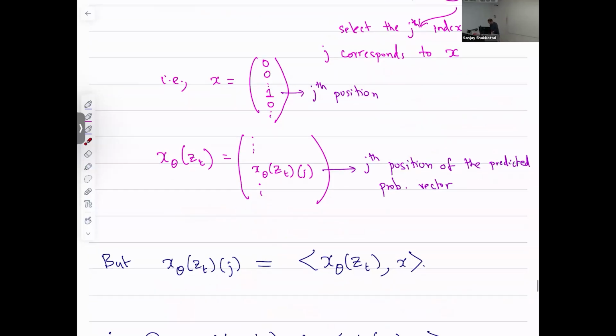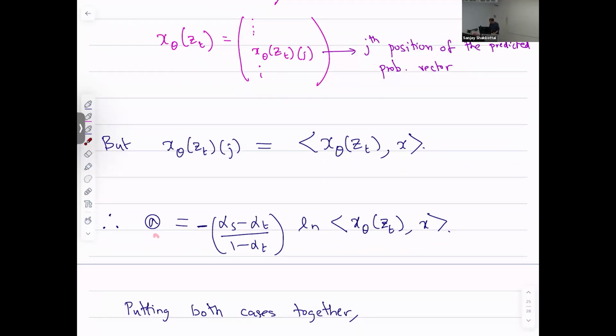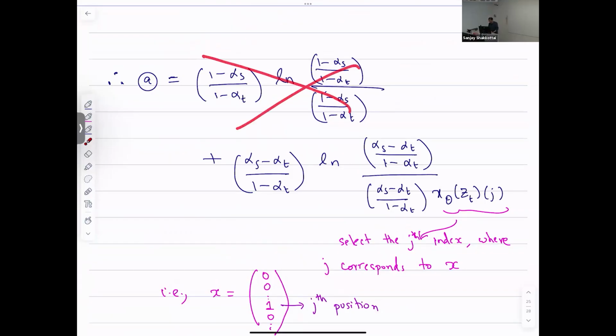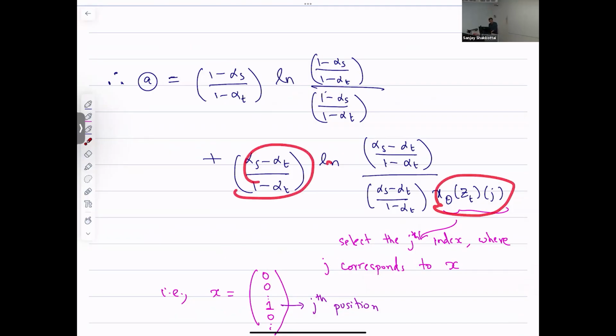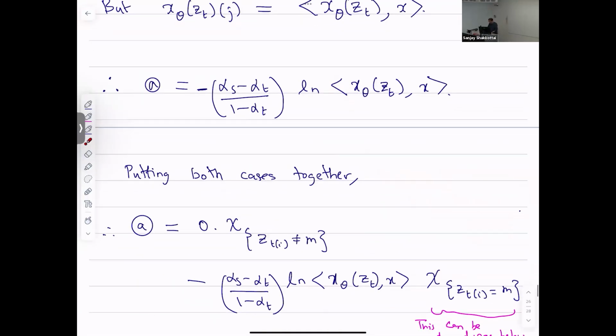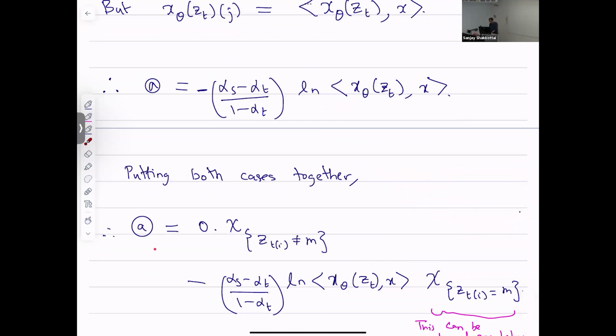So for this case, this term goes away because it's log 1, and this part cancels, giving you the negative log of this, which is just this inner product, scaled by this. If you put these various cases together, the overall term is an indicator of zt not equal to m times 0, plus zt equal to m, where you get this.